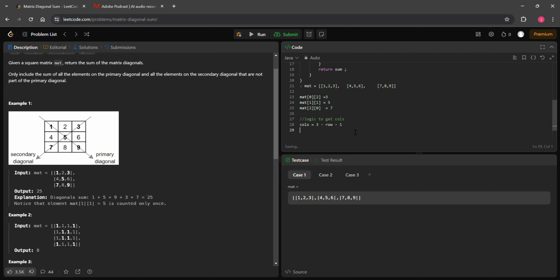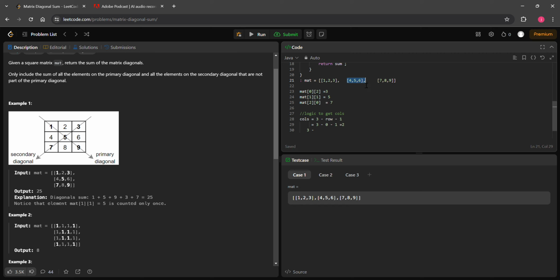So here we can see the first one, the answer is equal to 3 minus the row. Which row is it? It is the first row, right? So the row is 0. So 3 minus 0, 3 minus 1, which will give 2. So we got 2. We needed 2. If you see the second one, again 3 minus the row, which will be 1, right?